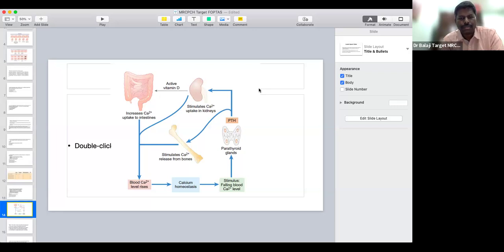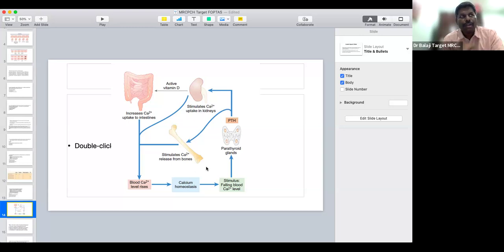So for calcitriol formation, the parathormone is important. And this active vitamin D is going to act on the gut to cause the absorption of the calcium and the phosphorus. And if the blood level of calcium is low, it is going to stimulate the parathormone to secrete more. So whenever calcium is low, it will stimulate the parathormone to secrete more.